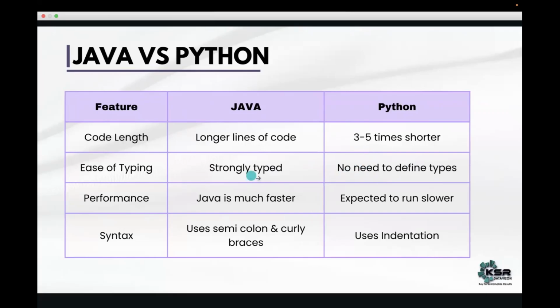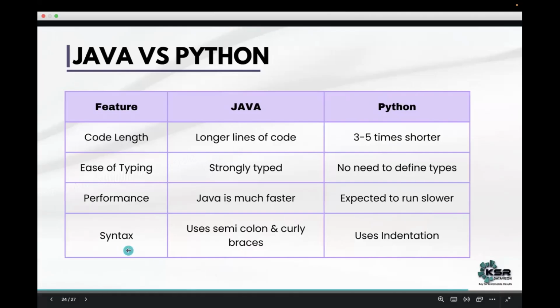But in Java, you have to define types. Next is performance. We have seen that statically typed languages perform better. So Java is much faster. Python will be slower. That's why in enterprises, in backend development, since speed and latency are very important, people still prefer Java.